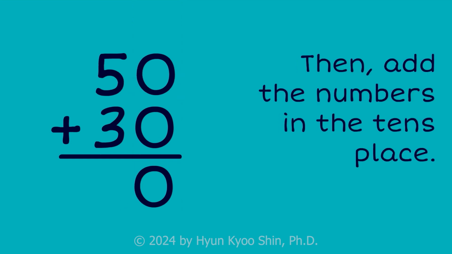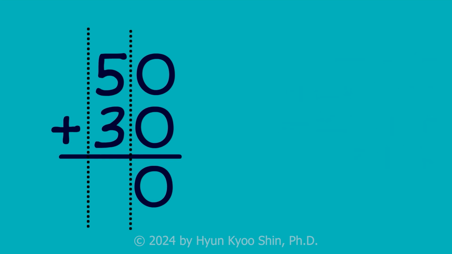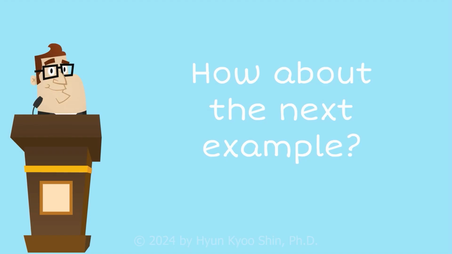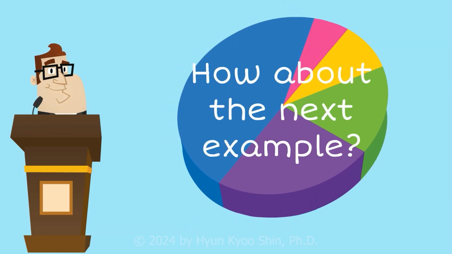Then add the numbers in the tens place. 5 and 3 are in the tens place. Let's add 5 plus 3 is equal to 8. The answer is 80.